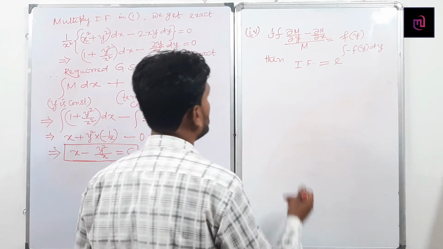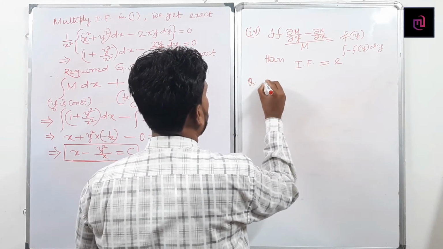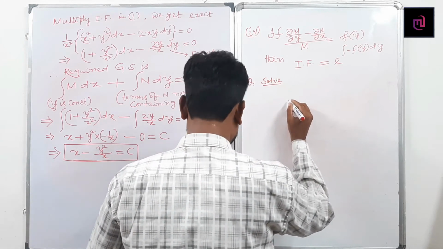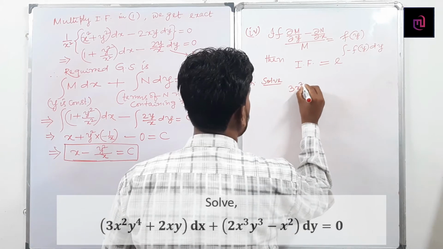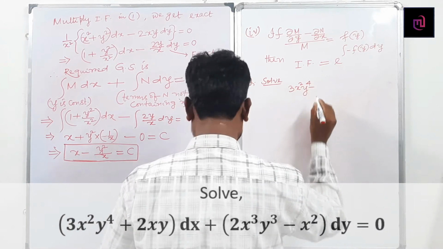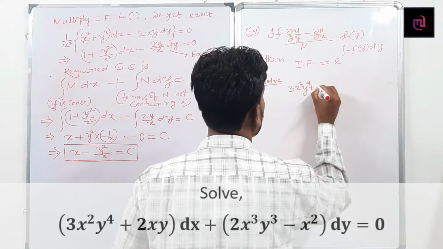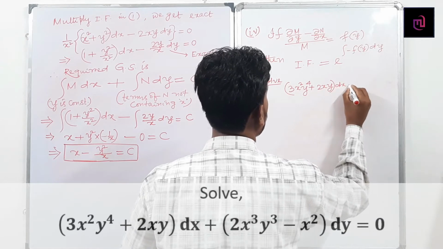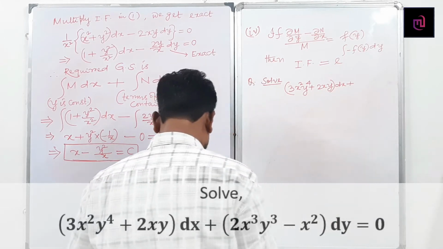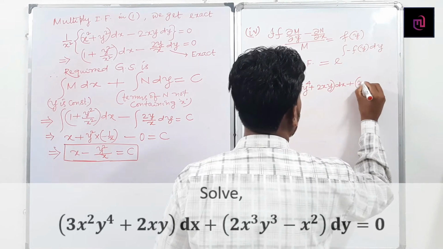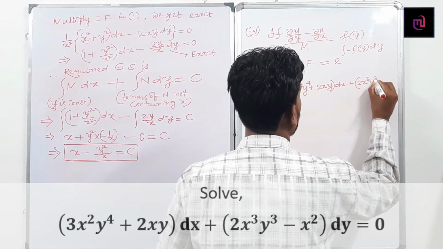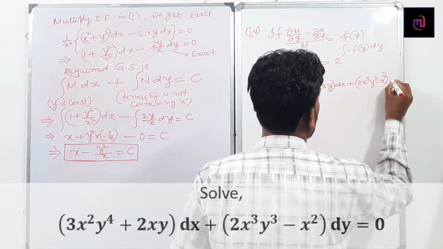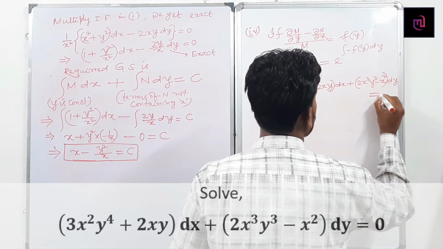So write down one problem. Solve 3x square y to the power 4 plus 2xy, whole into dx, plus 2x cube y cube minus x square, whole into dy equals to 0.